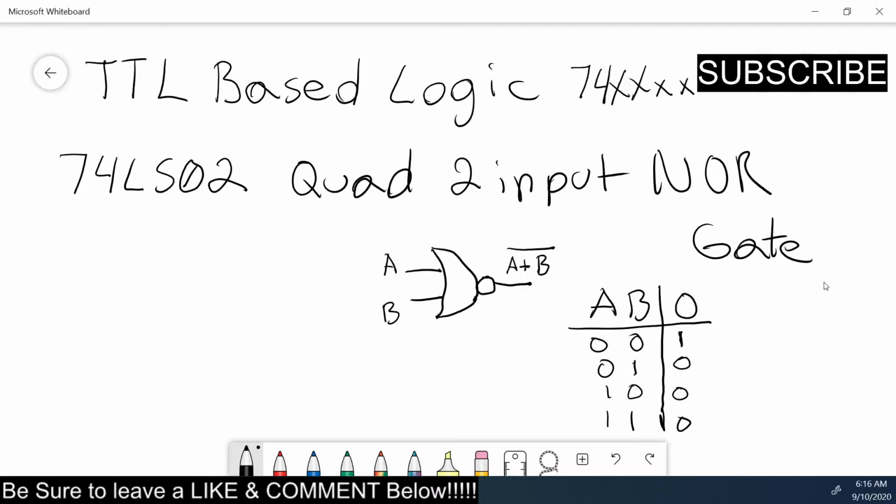This NOR gate is also a universal gate, so you can connect them in different configurations and you can make a NOT gate, an OR gate, or an AND gate, just by combining some of these NOR chips. So if all you have is NOR, you can make all the other gate circuits. So let's take a look at the data sheet here.